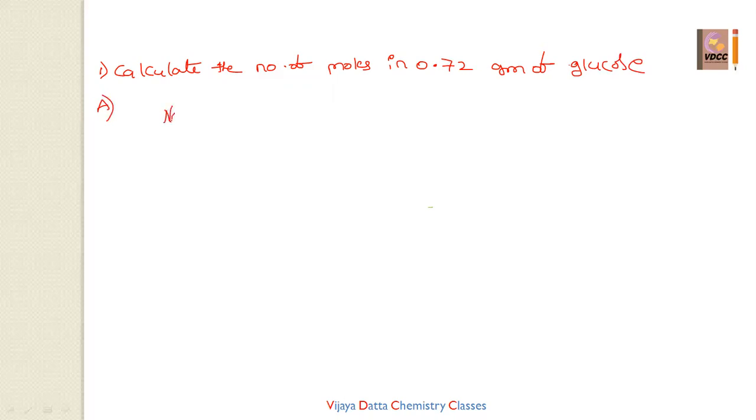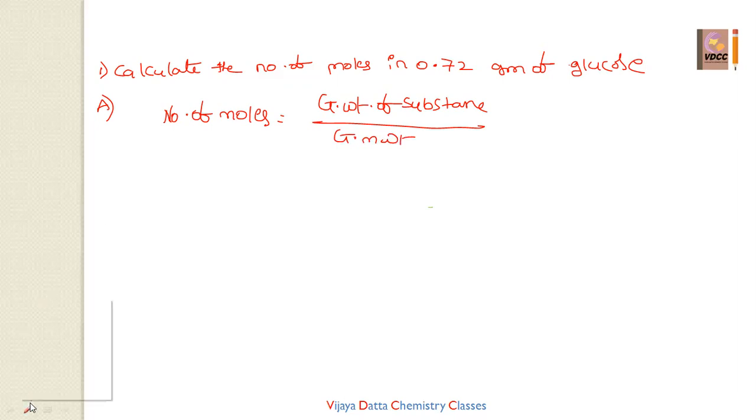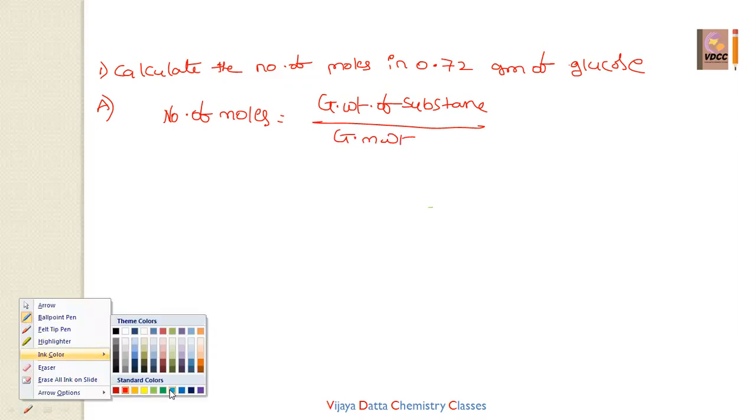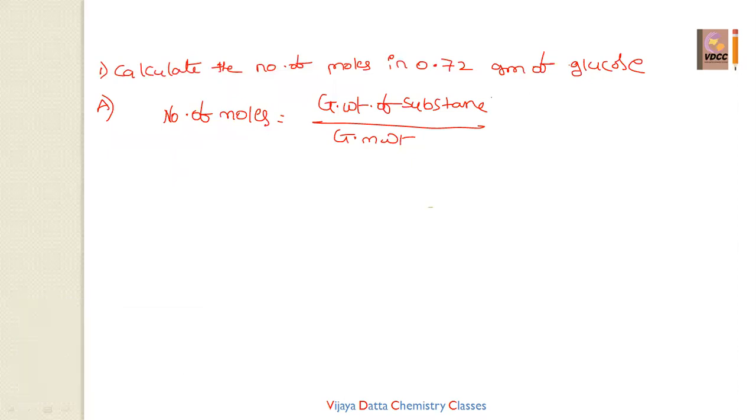So what is the formula for number of moles? Given weight of substance by gram molecular weight, it is the formula. What is the given weight? 0.72 grams of glucose.